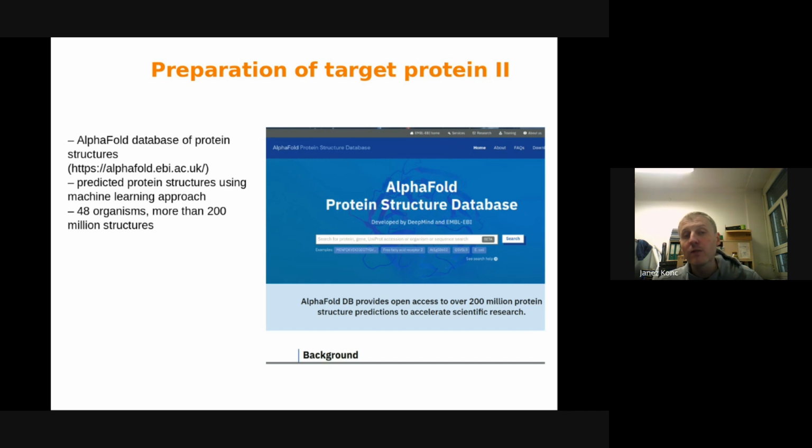In this AlphaFold database we have structures for more than 48 clinically relevant organisms, and more than 200 million protein structures. In PDB, just to give you a feeling, we have 200,000 protein structures, and here we have 200 million structures. So this is a big leap forward. We have structures of whole proteins of different organisms.